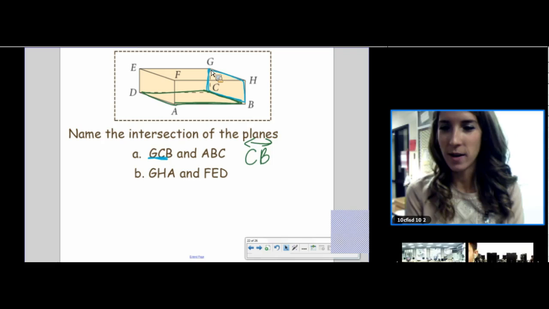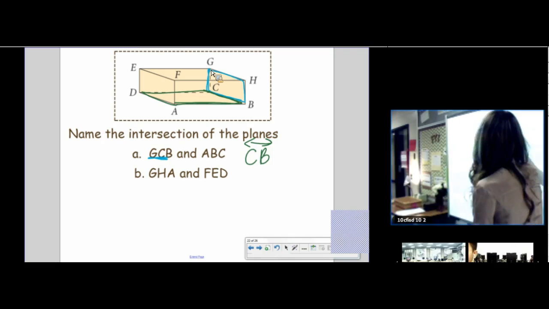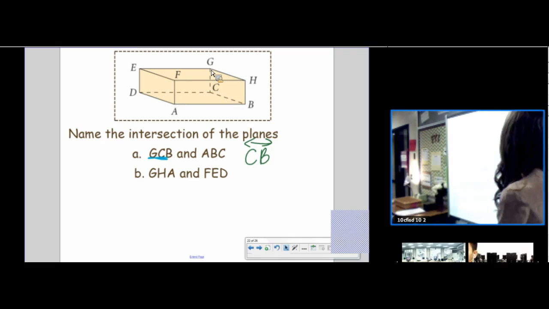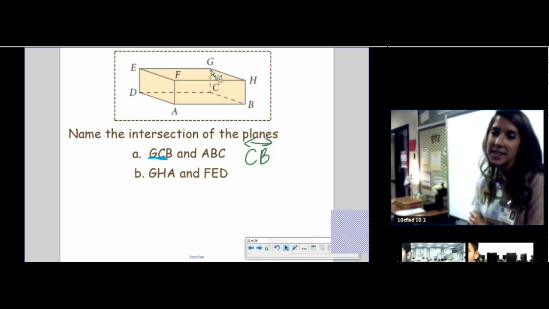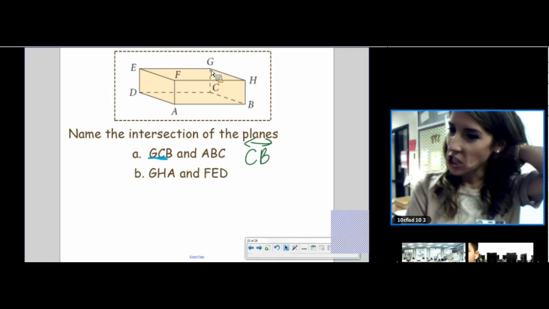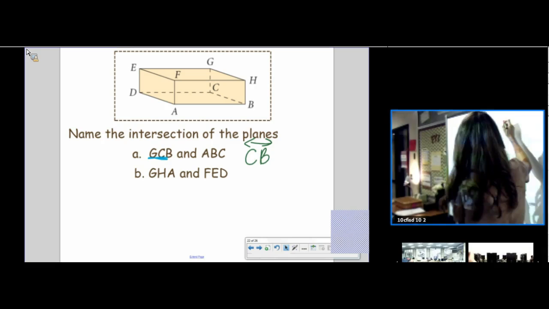You want to try the harder one? The next one's harder. Name the intersection of GHA and FED. I'm going to see if you can do it without help first. Name the intersection of GHA and FED. Very good.